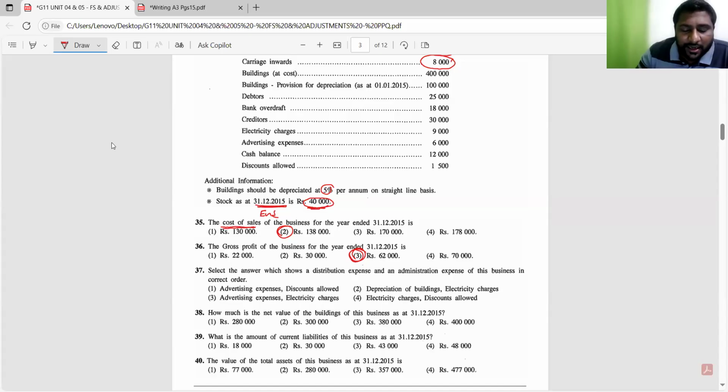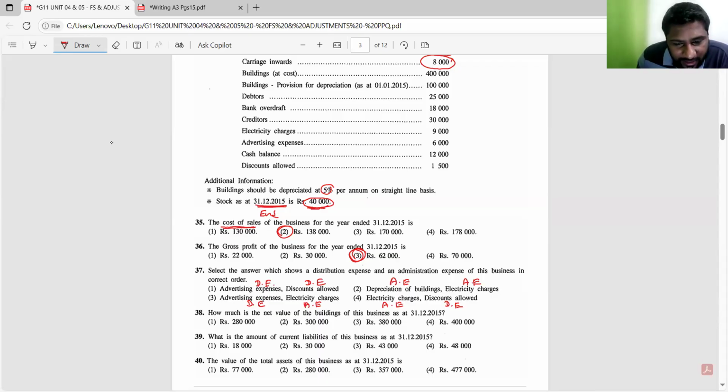So they are asking it in the correct order. Advertising expense is a distribution expense. Discount allowed is also a distribution expense. Depreciation of the building is an admin expense. Electricity charges are also an admin expense. Advertising, distribution expense; electricity charges, admin expense; discount allowed, distribution expense.